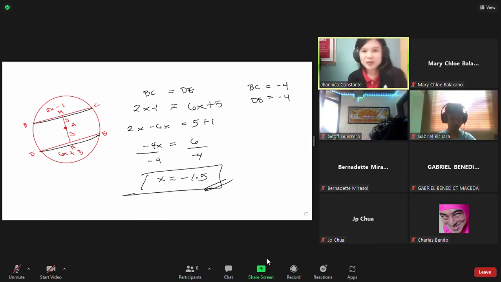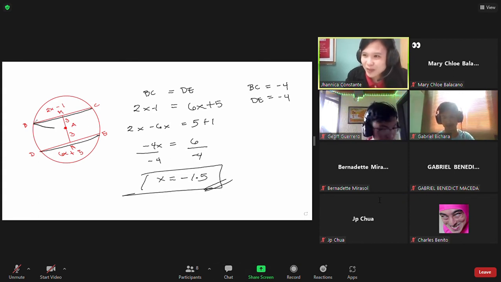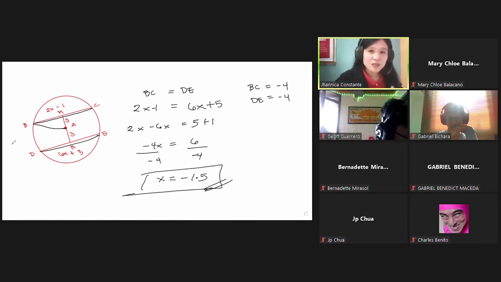Okay, now with our third theorem for the congruent circle, what if we're going to solve for the radius of our circle? Given that we already have the exact measurement of our chord BC and chord DE, what will be the radius of our circle?